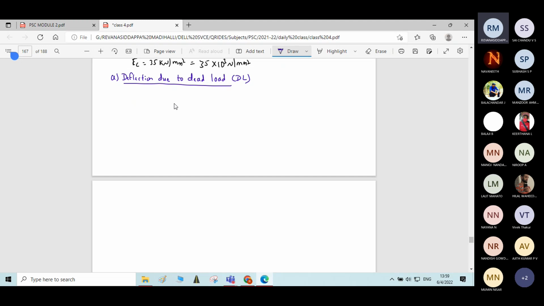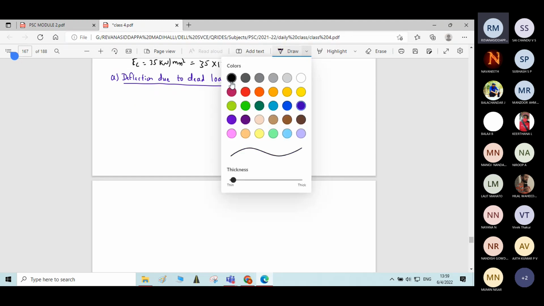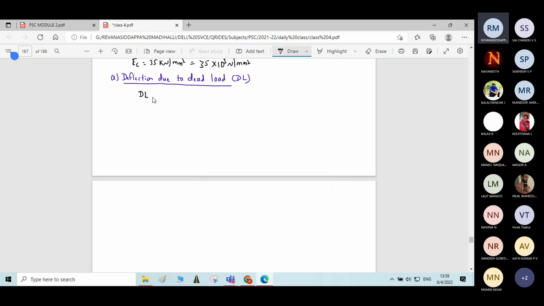So before that you find dead load of the beam. Cross section is given. Dead load intensity of beam is equal to cross sectional area multiplied by density. Cross sectional area is 150 by 300, nothing but 0.15 into 0.3 into density of PSC is 24, which gives the dead load intensity of 1.08 kilonewton per meter.